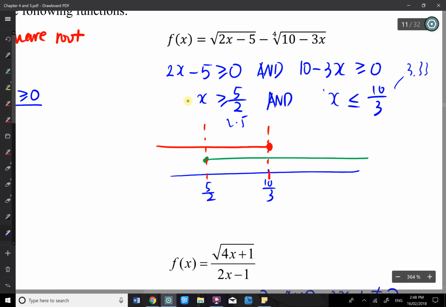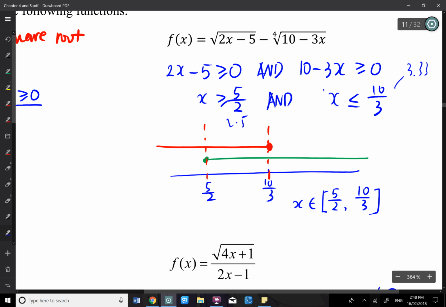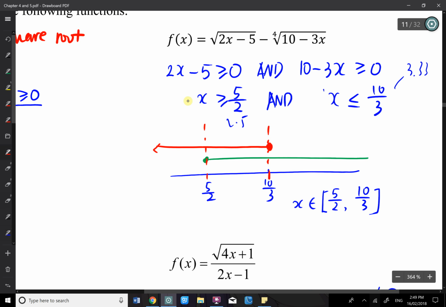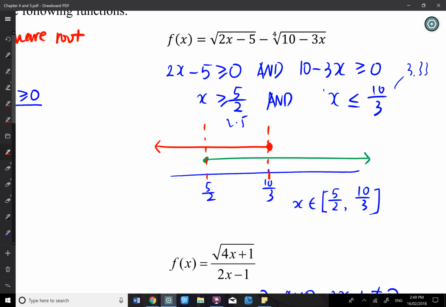So x belongs to, because I can take 5 over 2 and 10 over 3, I will write square brackets. Any questions?